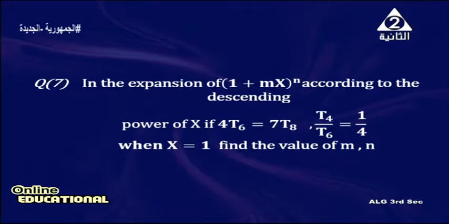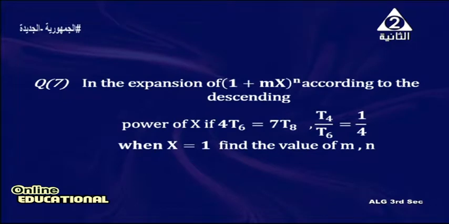We use the rule when finding the relation between two consecutive terms: t7 over t6 equals (n − 7 + 1) over 7, multiplied by second term over first term.